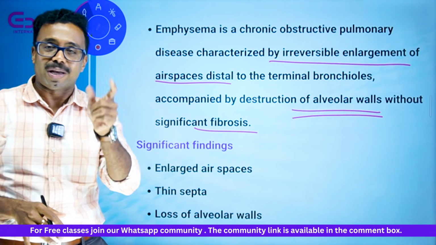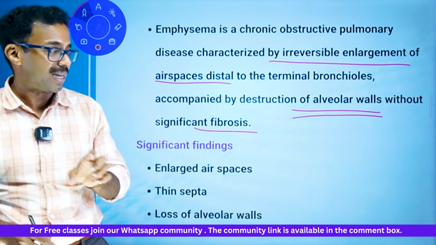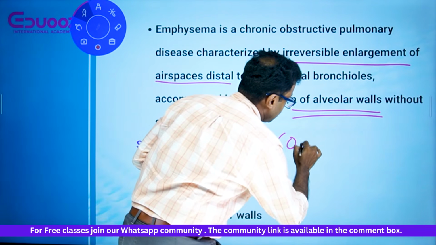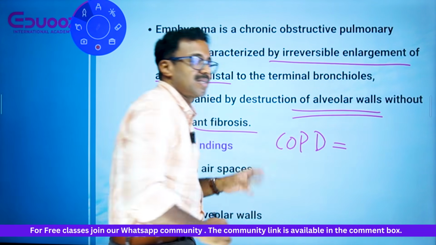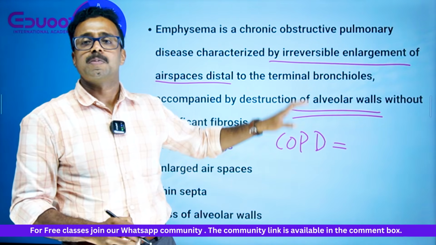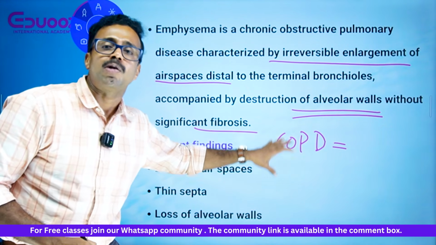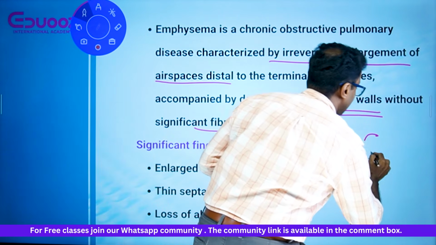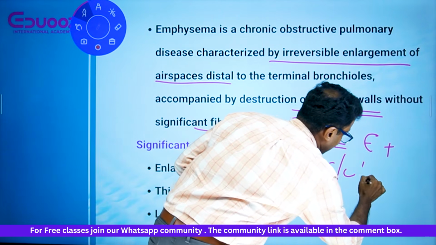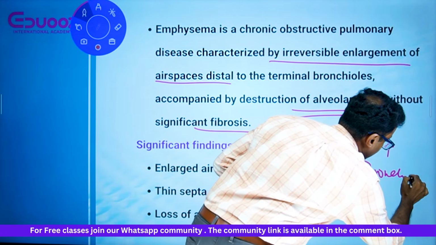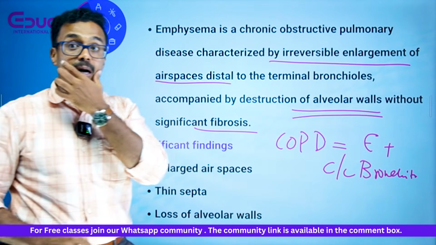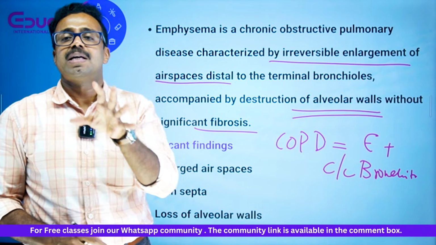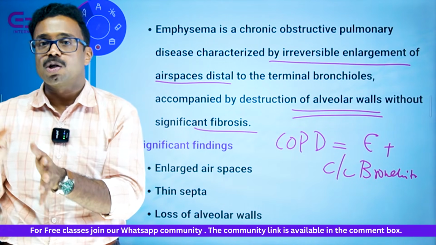Another thing I wanted to tell you is about COPD, chronic obstructive pulmonary disease. It has basically two disease conditions. One component of COPD is emphysema, and the other is chronic bronchitis. If the patient has either chronic bronchitis or emphysema, we call it chronic obstructive pulmonary disease.